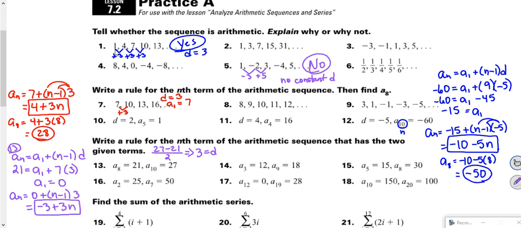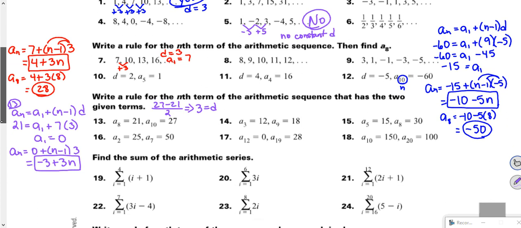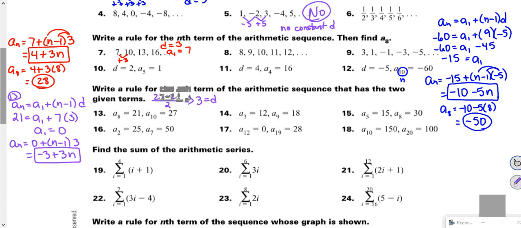Number 16. I should probably pick a different one, but I like it because it kind of starts anyway. From the 7th term down to the 2nd term, that's 5 away, right? So to find the D, it's going to be 50 minus 25 divided by 5. So that means 5 equals D. Now, if 5 is D, what is my first term going to be?